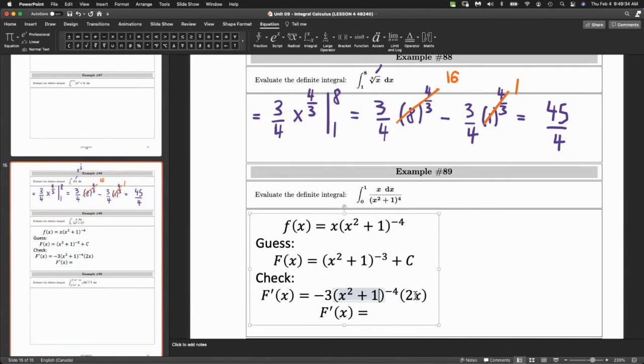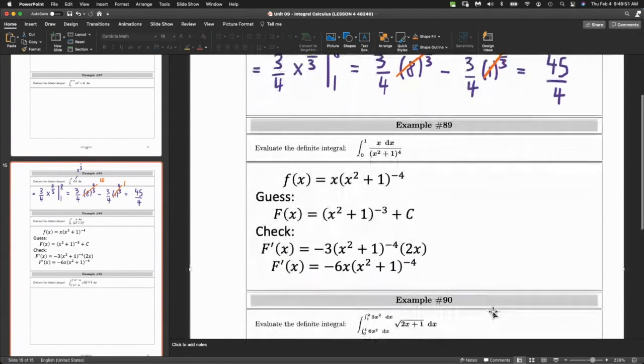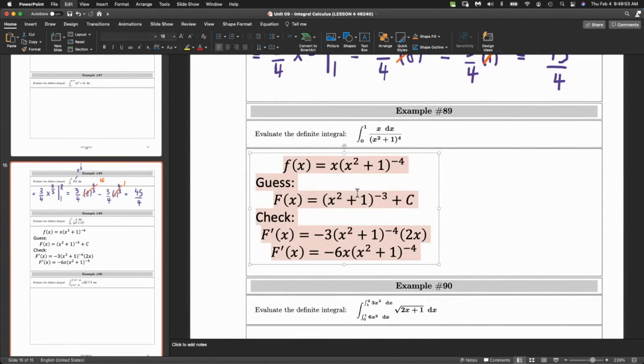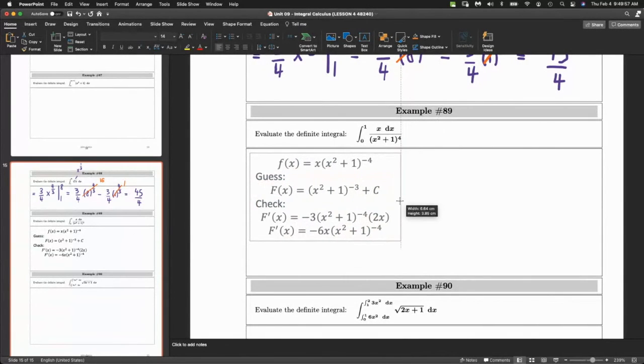Okay. So that equals negative 6x, x squared plus 1 to the negative 4. I'm just taking my time because I don't want anybody to get too thrown off by this stuff.